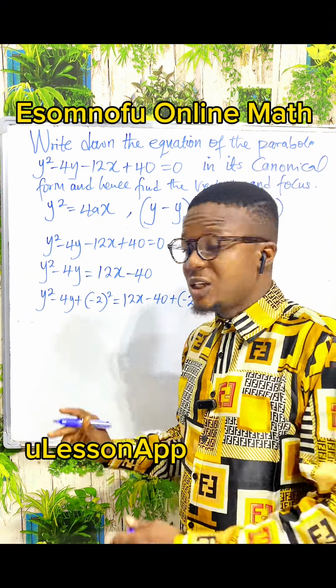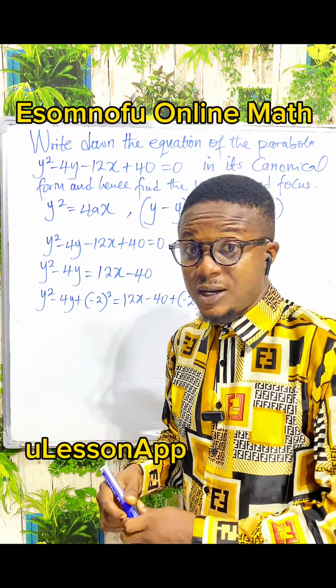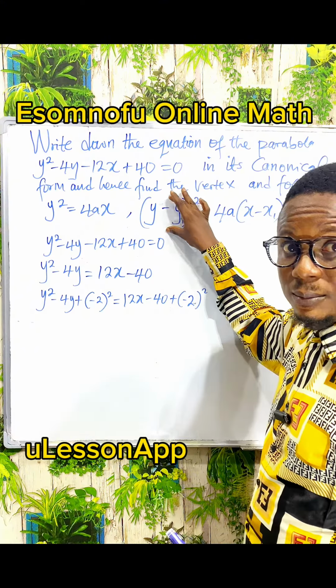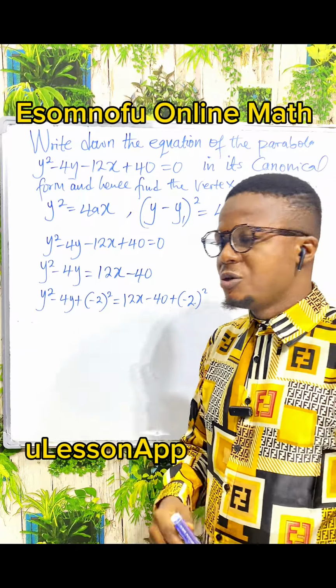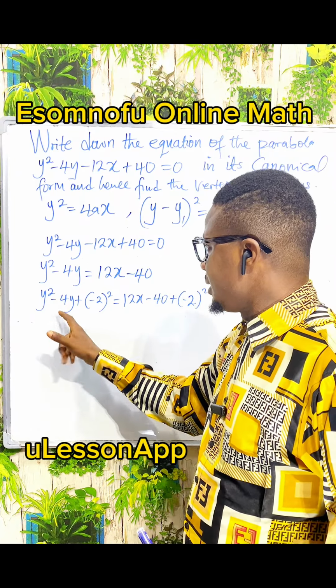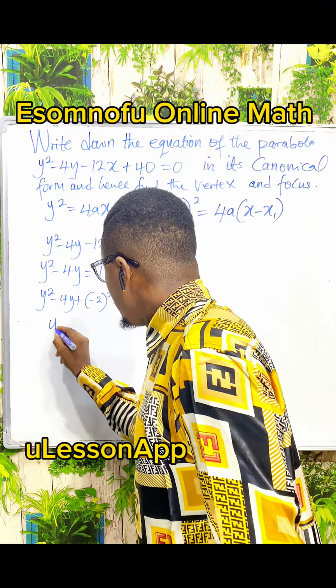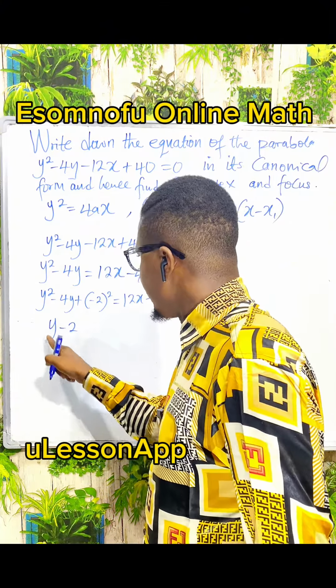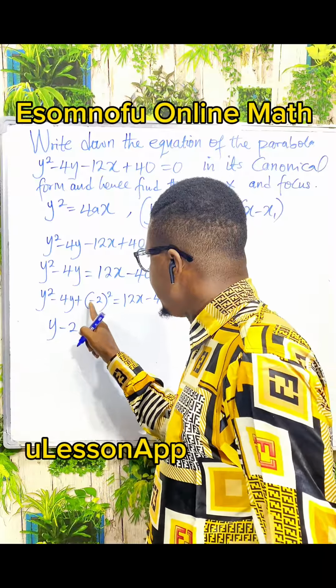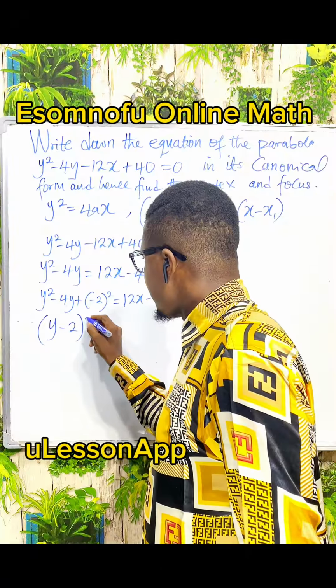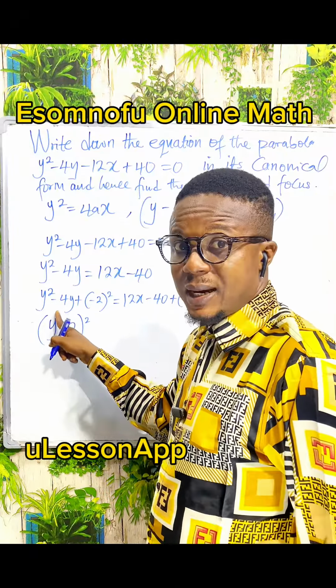The essence of doing this is to make the left-hand side perfect so that we can factorize it in this form. The shortest and best way to factorize the left-hand side is this: y minus 2, pick the y, ignore the powers, pick the minus 2, then square it. When you expand this, you get this back.